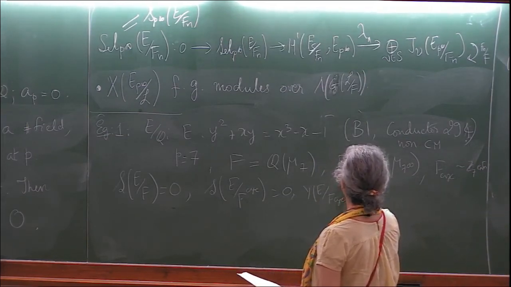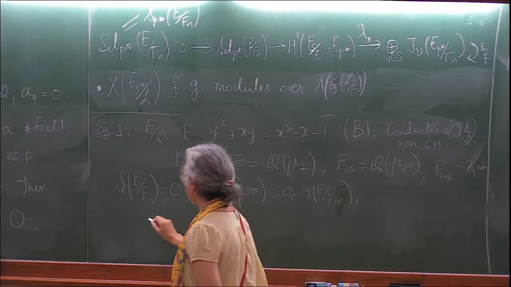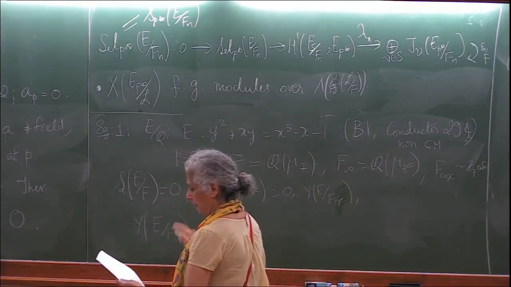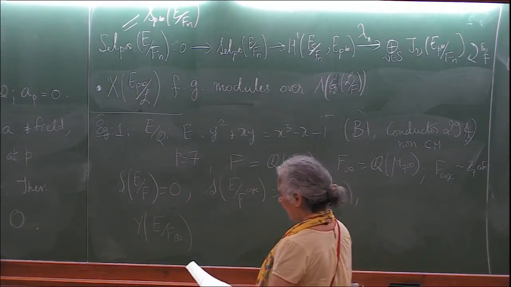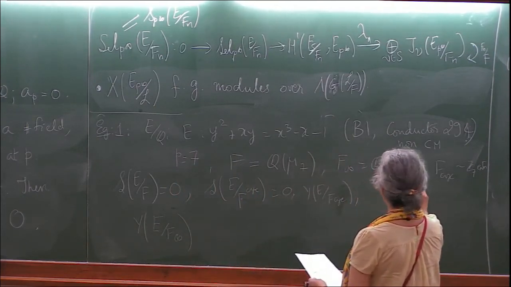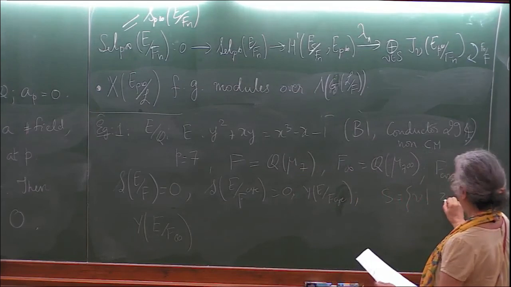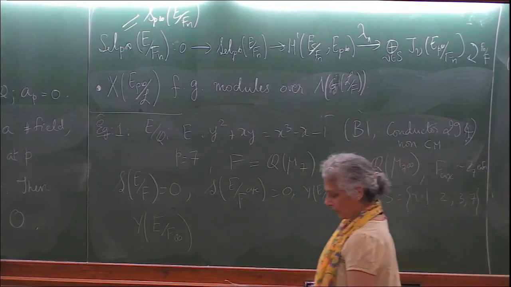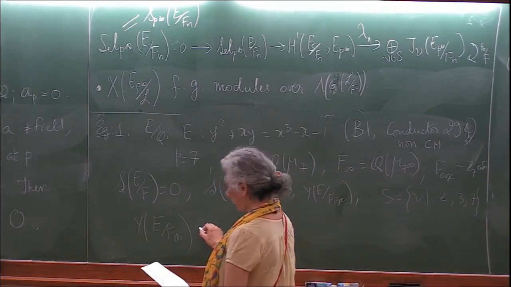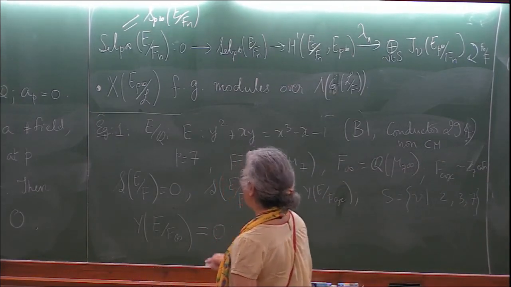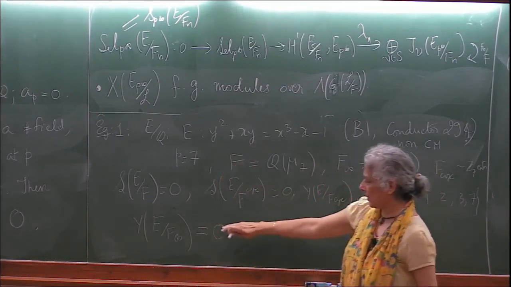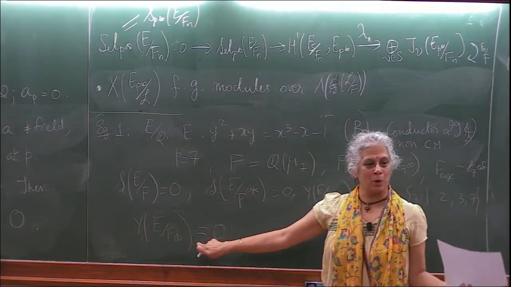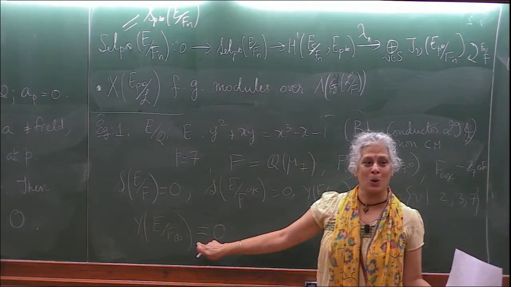But what about the fine Selmer group over the trivializing extension? Y of E over F infinity. So what is S? S is the primes above 2, 3, 7. This is our S. So we can even show in this case that this is 0. But at that point we couldn't. We could only show that this is, as a Lambda(G)-module, it has rank either 2 or 0.